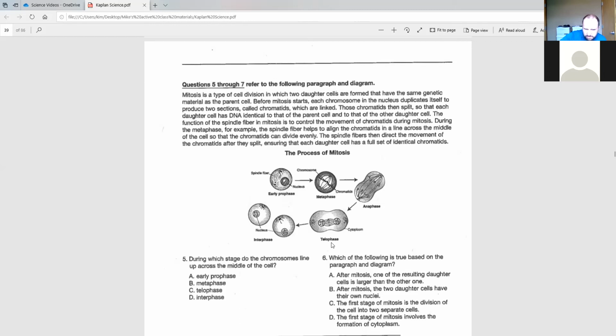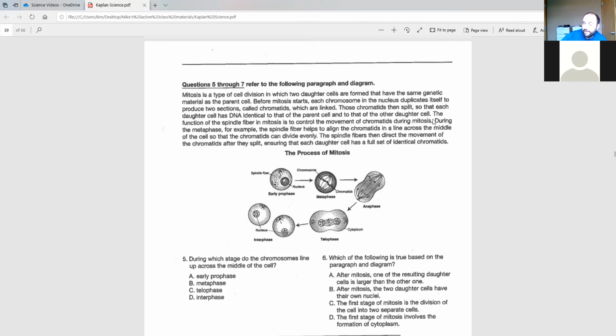Telophase, interphase. Certainly not interphase and prophase. I don't see anything in a straight line at all, right? We do kind of see this straight line across the middle in telophase, but there's nothing in the diagram that says anything about chromosomes, right?